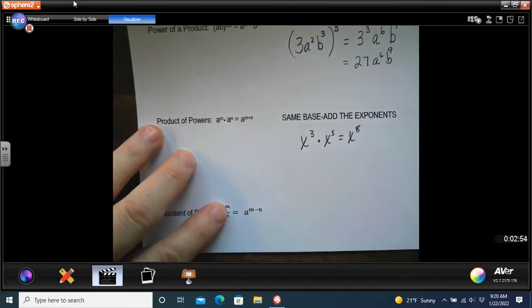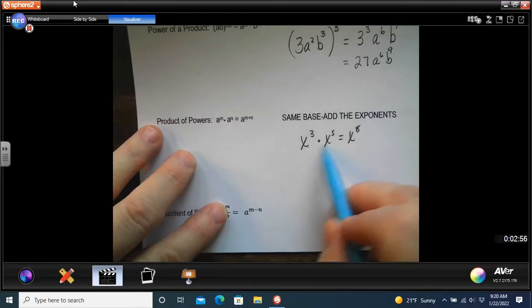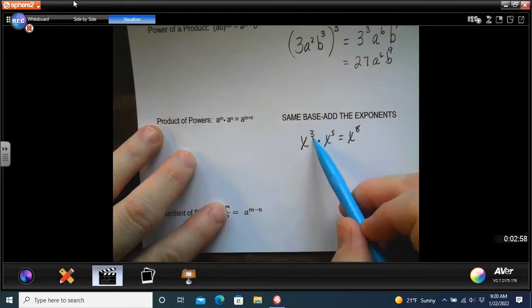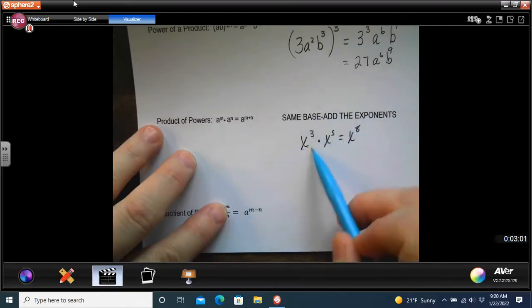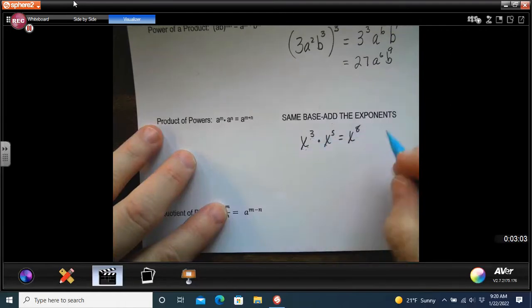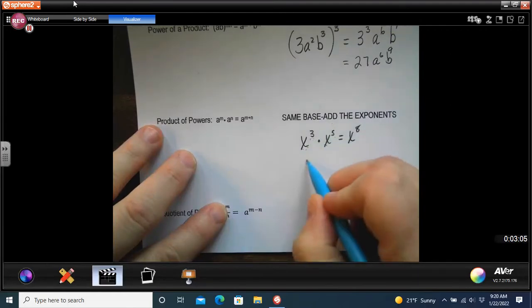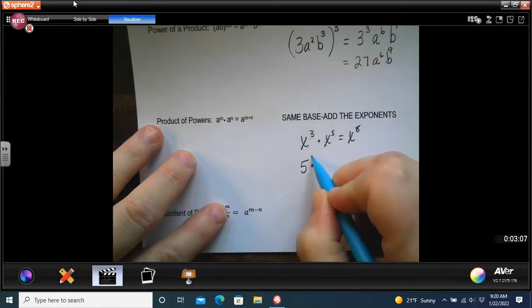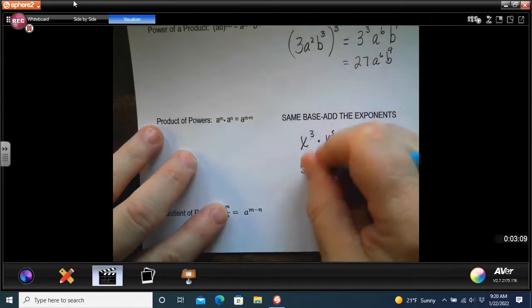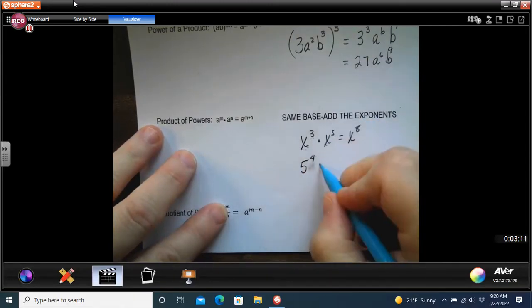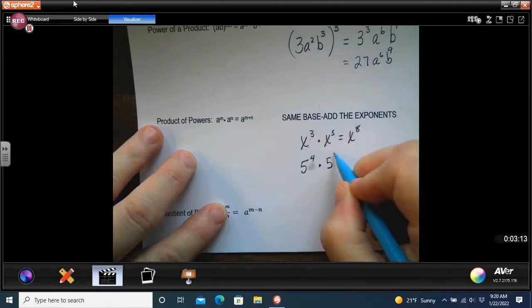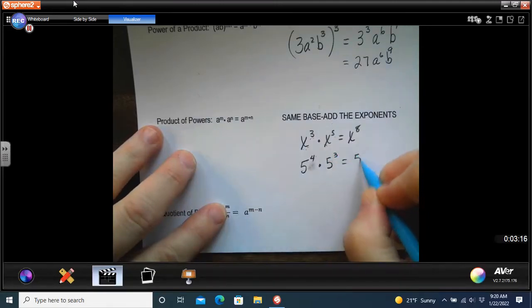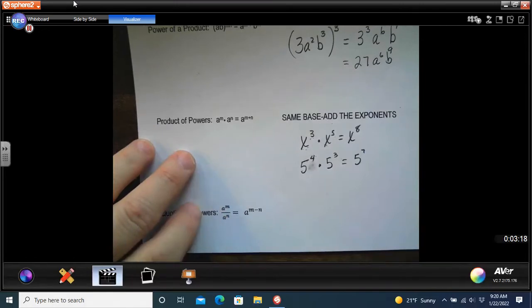We add those exponents together when we have the same base. This is not a power being raised to a power. Same base, add the exponents. One I like to throw in is 5 to the fourth times 5 to the third, and that is 5 to the seventh. Add the exponents, the base stays the same.